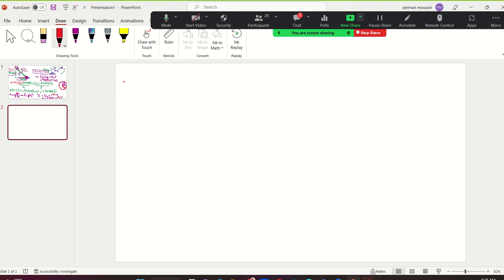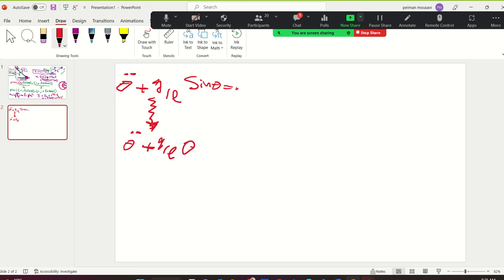The original differential equation for the pendulum that was nonlinear was this. Remember? We linearized and we ended up with this. Yes or no?